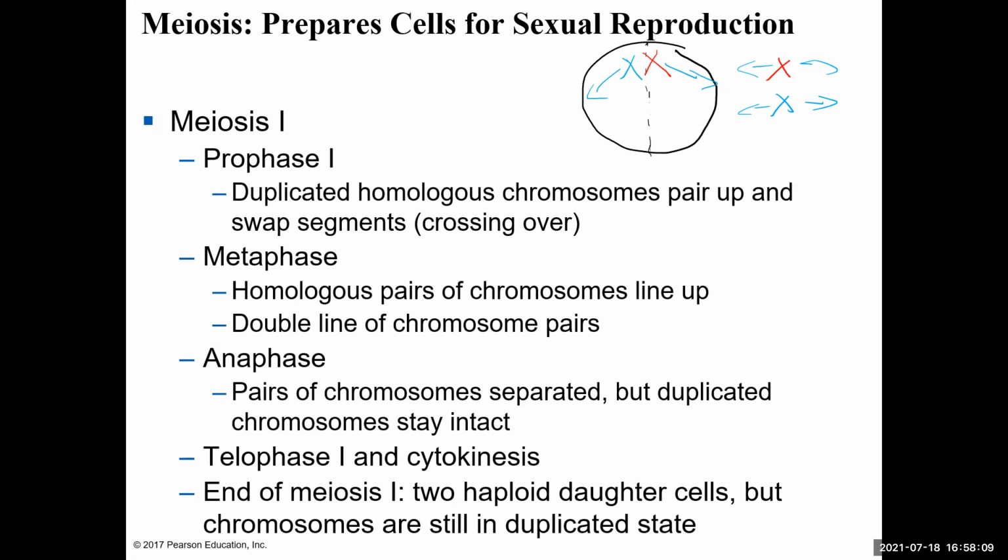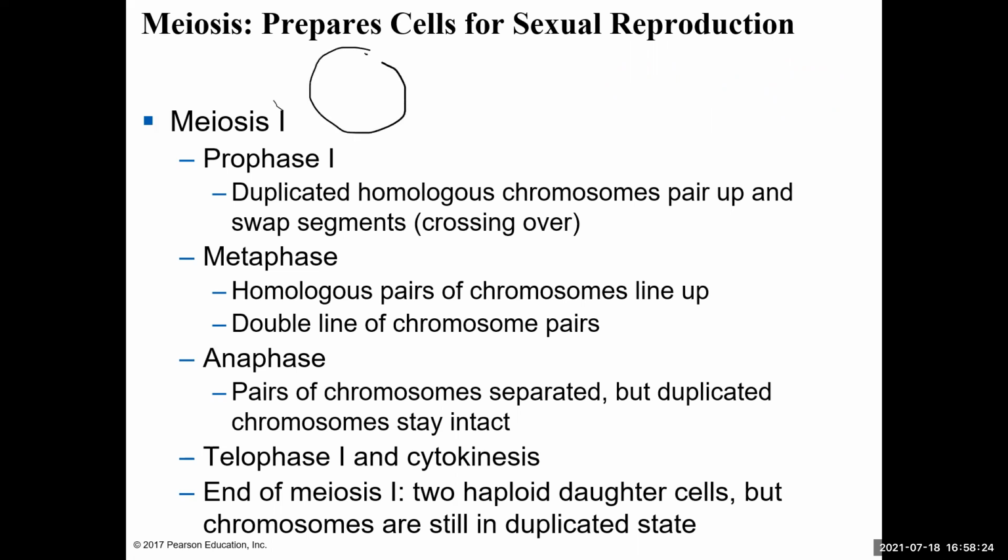So let's say, for example, you have this cell at the beginning, with your paternal and your maternal copy. What your daughter cells look like that you end up with are like this.